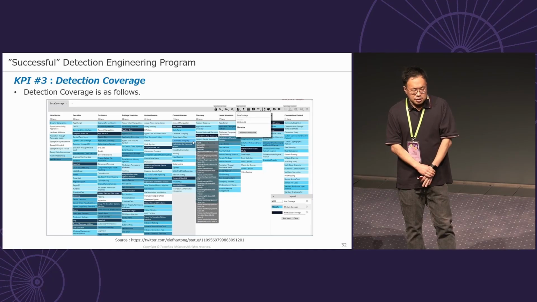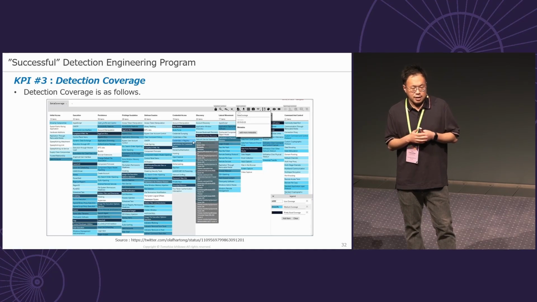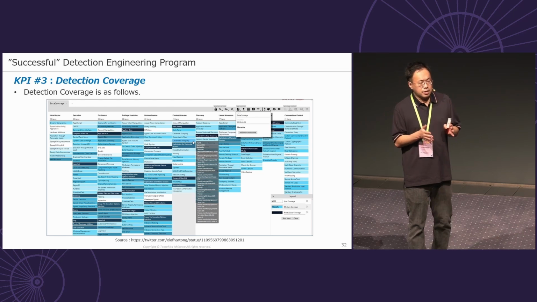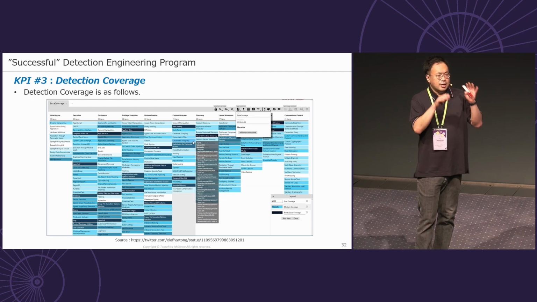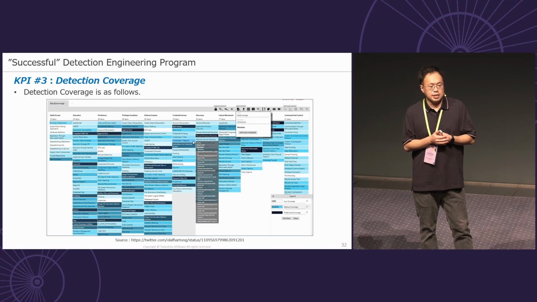Lastly, detection coverage. As a detection engineer or on the blue team side, we try to cover detection as much as possible in the MITRE ATT&CK framework. But one of the caveats in reality is that covering everything is impossible. We need prioritization.